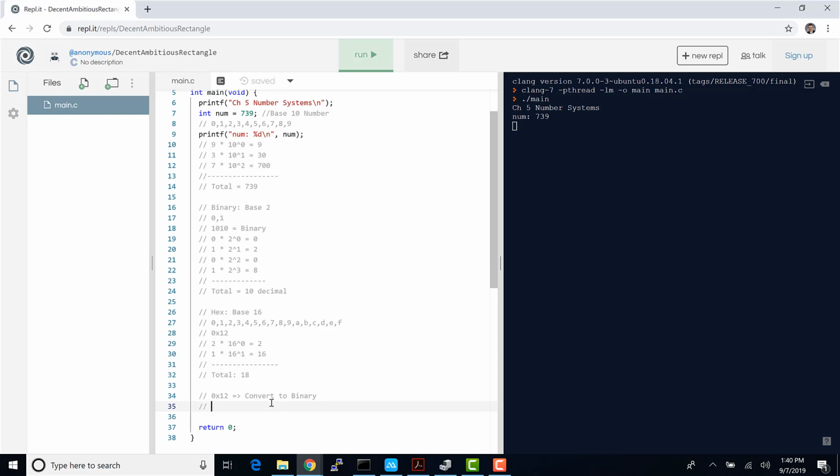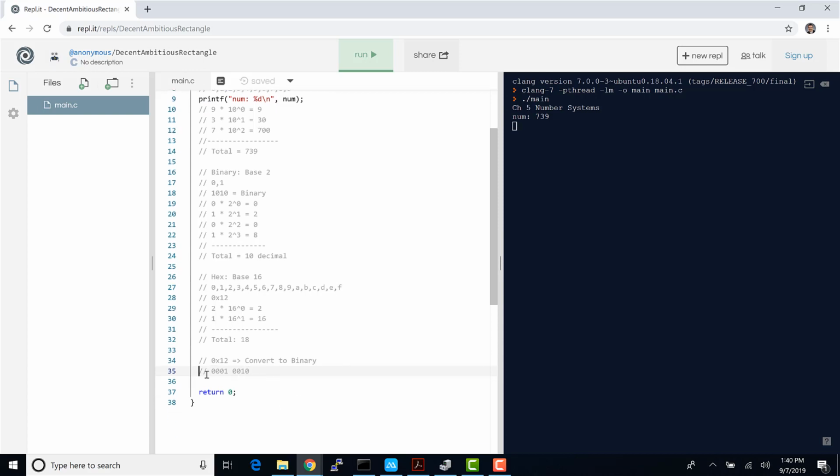So when I look at this 1, I know that would be 0 0 0 1, and then when I look at the 2, it would be 0 0 1 0 if I converted that.